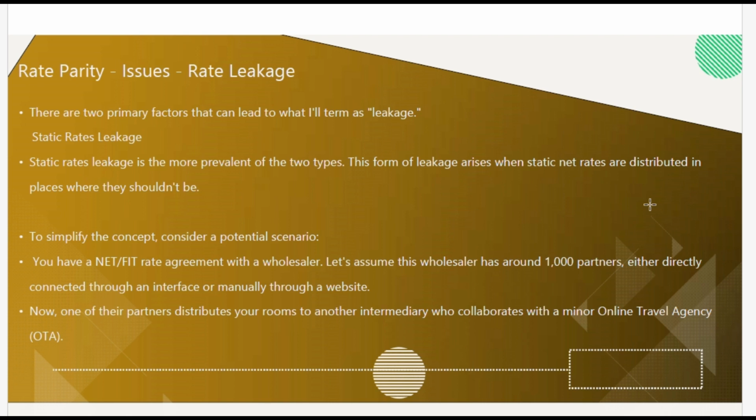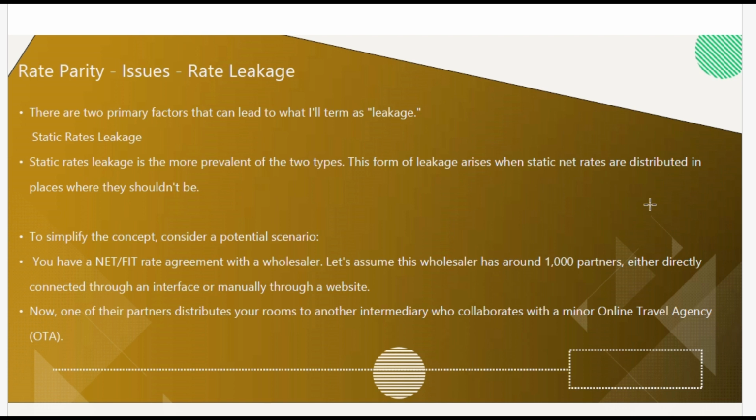You have static rates leakage. Static rates are basically the rates which you offer to your offline business, your tour operators, B2B partners, etc. Static rates leakage is the more prevalent of the two types. This form of leakage arises when static net rates are distributed in places where they shouldn't be.